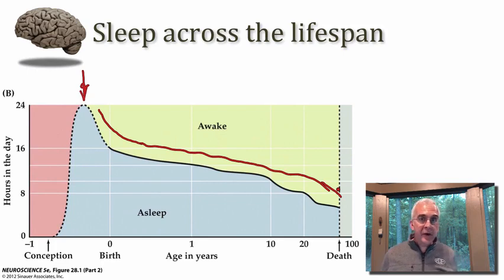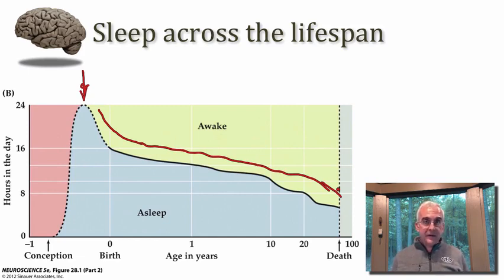And changes in brain and body simply are not facilitating the regular duration and depth and quality of sleep that they may have had when they're younger. So that's one of the many accommodations to growing older that we face as we age. So this sort of begs the question then, why do we sleep?